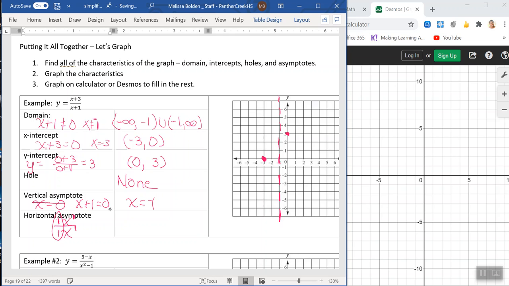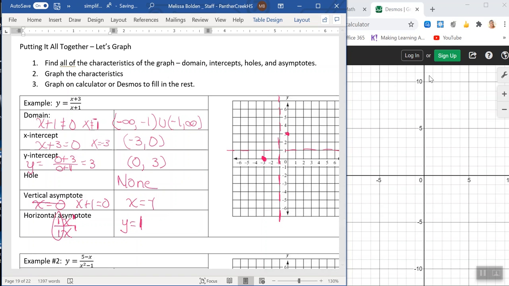Since both coefficients are 1, our horizontal asymptote is y equals 1. And that means that as x goes to negative infinity and positive infinity, the graph goes towards 1. You can cross a horizontal asymptote, but it just means that as you go towards infinity, it's going to gravitate back towards that horizontal asymptote.